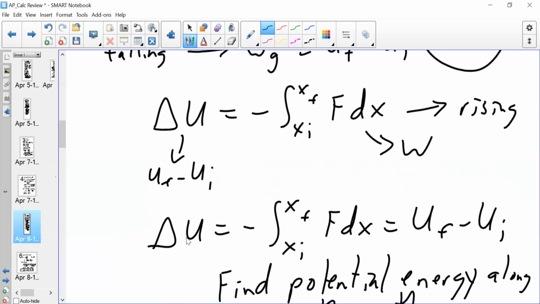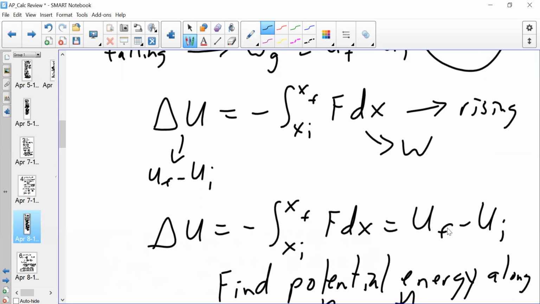So here, when we have a delta U, yes, it's the same thing in this case. All I did is I took this part and expanded it out just to reiterate what we saw before.